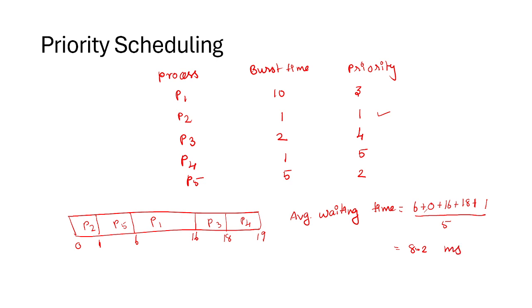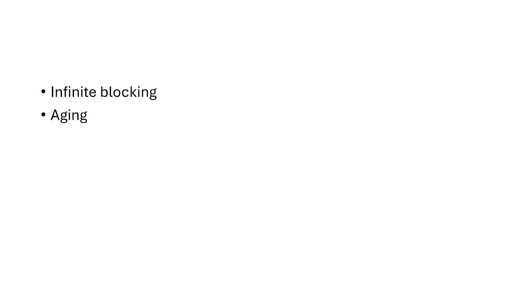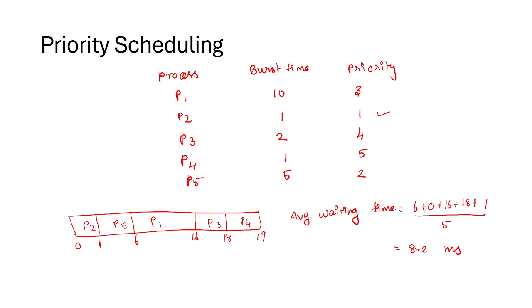The problem in priority scheduling is this. Consider there are 100 processes, and process 1 has the priority 100. Before we complete the execution of all the 99 processes, new processes keep coming, and the new process priority is higher than P1.